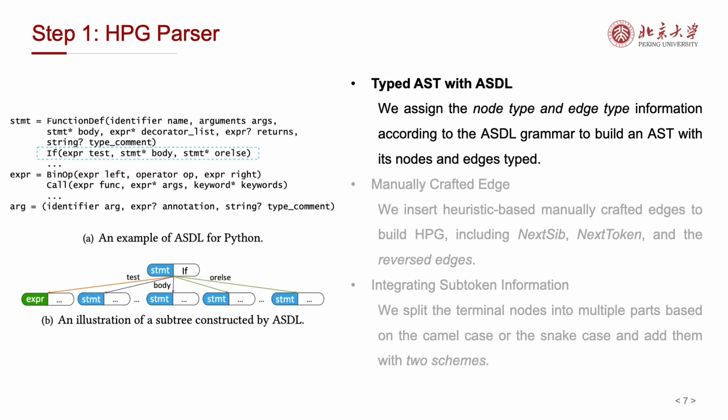Let's introduce our model step by step below. The first step is the HPG parser. To generate a heterogeneous program graph, we first assign the node type and edge type information according to the ASDL grammar to build an AST with its nodes and edges typed.